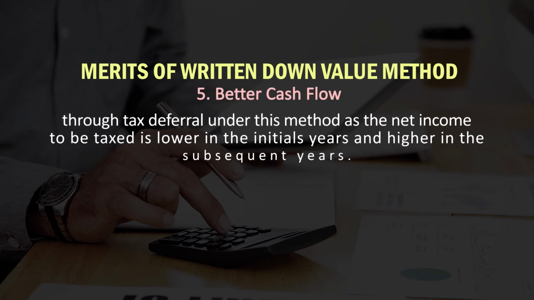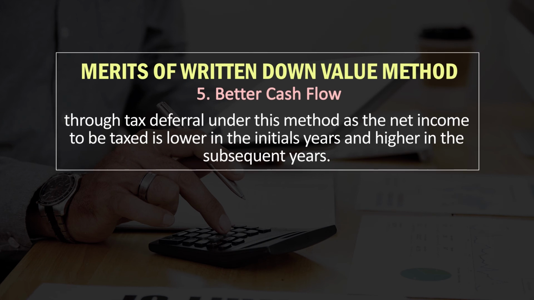Better cash flow through tax deferral under this method, as the net income to be taxed is lower in the initial years. When the depreciation charged to the profit and loss account is more, it will reduce the profit, and ultimately the amount of tax liability will be less.